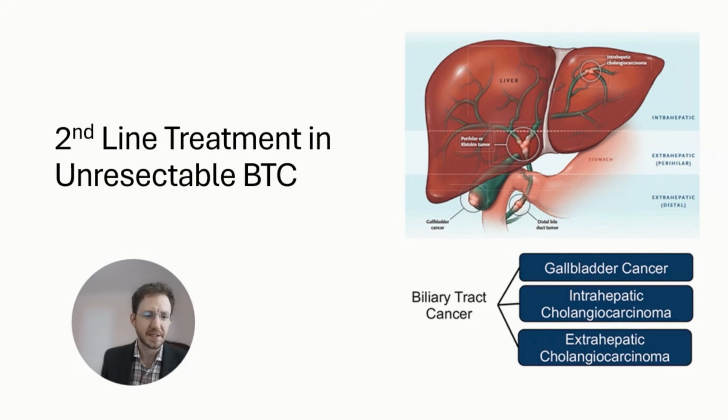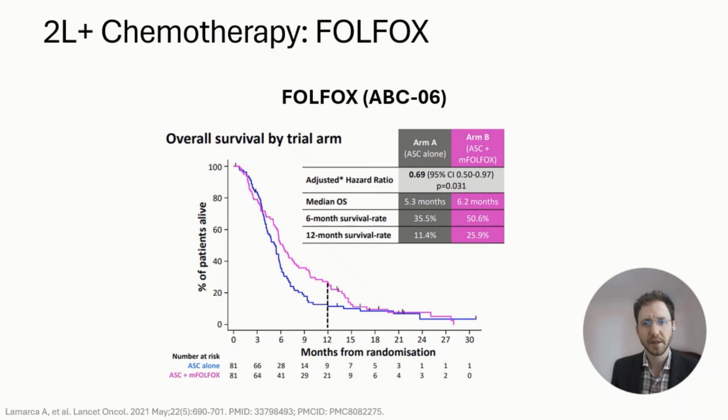Now let's talk about second line for all comers. The current standard of care is second line FOLFOX. And this is based on the phase 3 ABC-06 study, where it was put up against best supportive care.